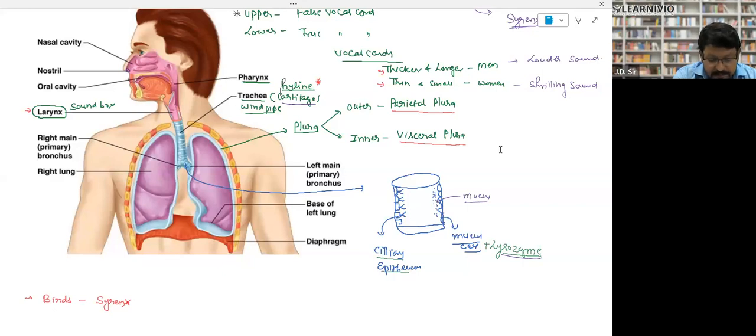The lungs are enclosed into two membrane called pleura, which is filled with pleural fluid.